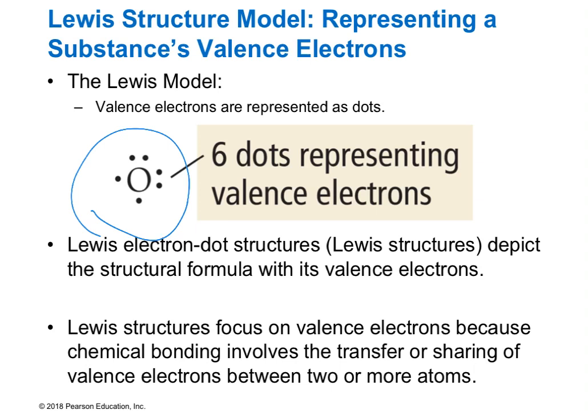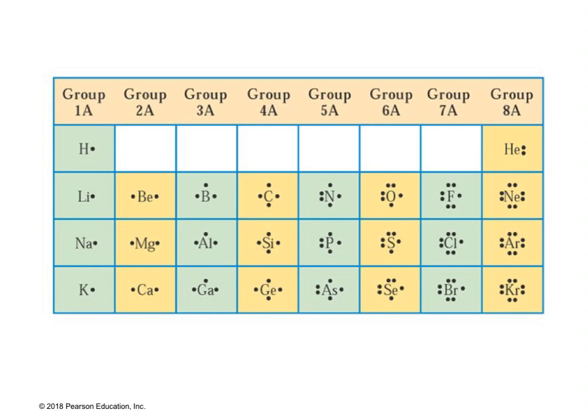And so, for example, oxygen is in group 6A. It has 6 valence electrons, and those 6 valence electrons are shown as dots around the element symbol oxygen. So just to give you a look at the Lewis dot structures for various elements, as you already know, elements that are in the same group have the same number of valence electrons.